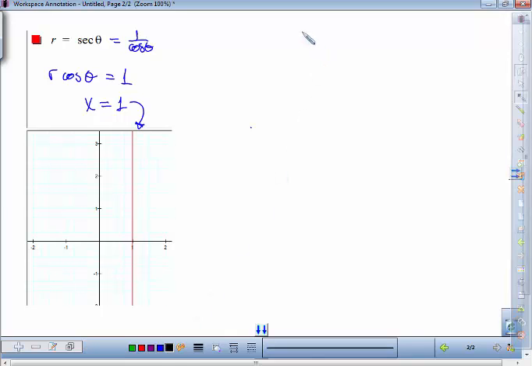So you would guess similarly, if you had r is equal to cosecant theta, that this would yield the same thing. And so if we do that, set this equal to 1 over sine, r sine theta is equal to 1. And so that's y is equal to 1.